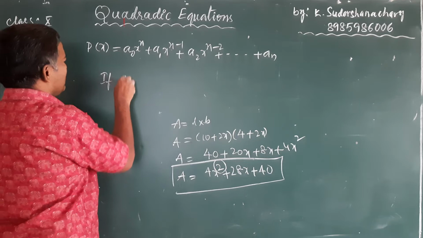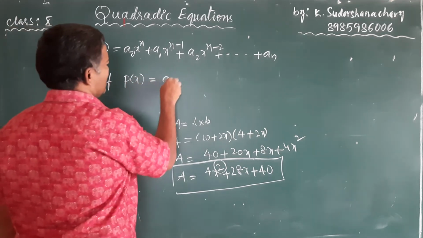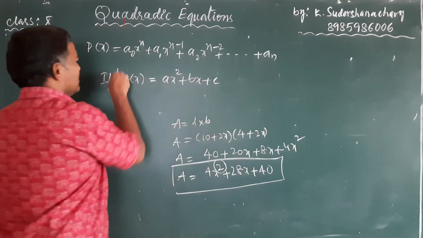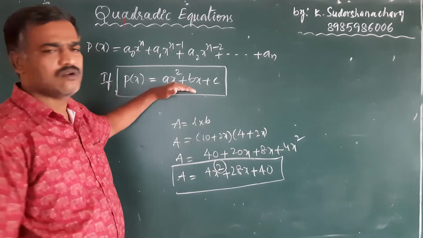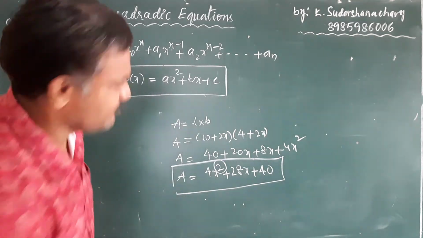Now, for a polynomial of degree 2, what is the standard form? That is ax square plus bx plus c. This polynomial is called a second degree polynomial.